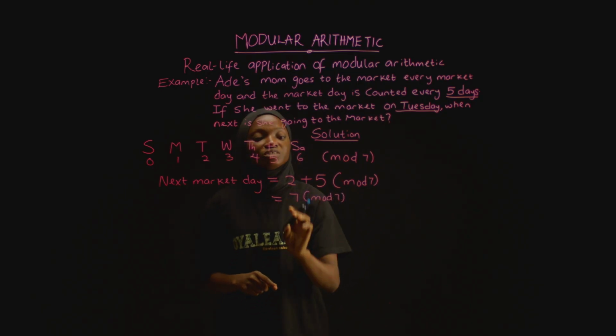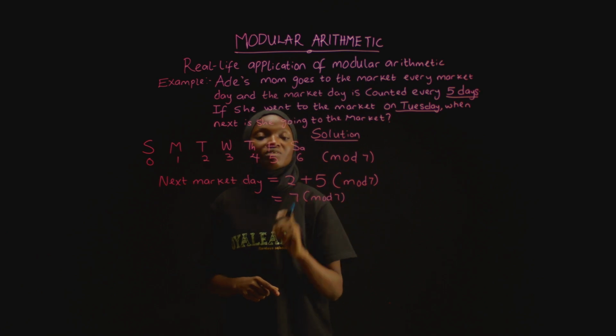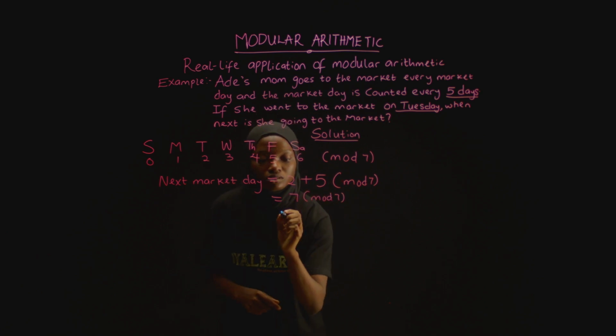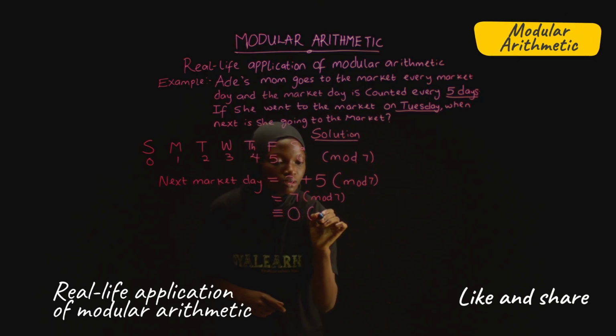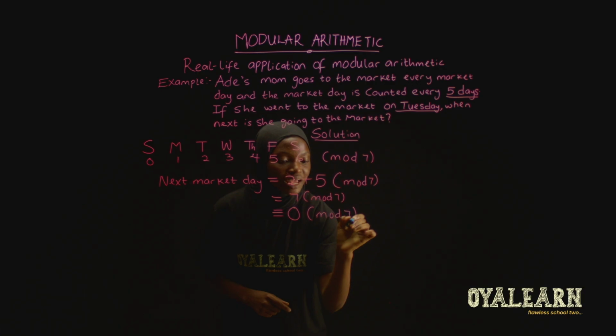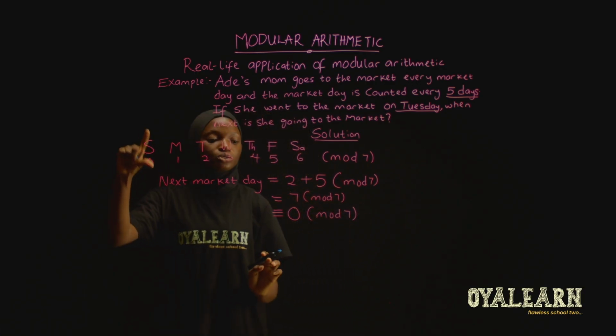To change this to mod 7, we divide by 7 and pick out the remainder. When we divide 7 by 7, that gives us 1 remainder 0. So that means this is equivalent to 0 in mod 7. And 0 here signifies Sunday.